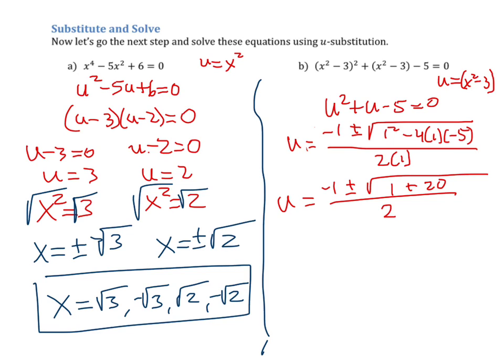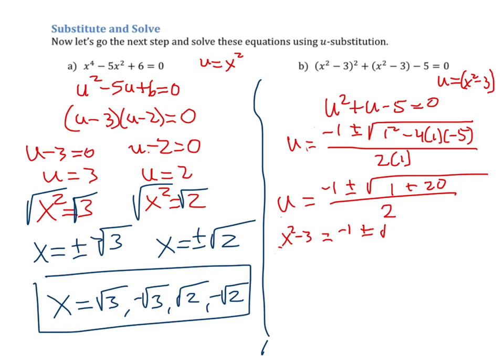Now, to solve this, we're going to have to plug in what U is equal to. So we get U is equal to x squared minus 3, and that equals negative 1 plus or minus the square root of 21 over 2.